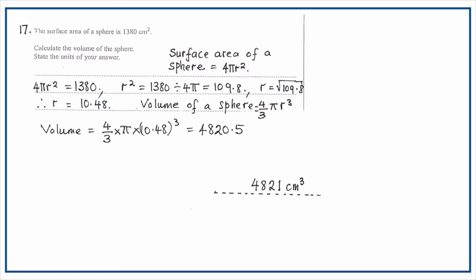Now, the volume of a sphere equals 4/3 pi r cubed. So volume equals 4/3 times pi. Let's substitute the radius, which is 10.48, to the power 3, therefore the volume equals 4,820.5.